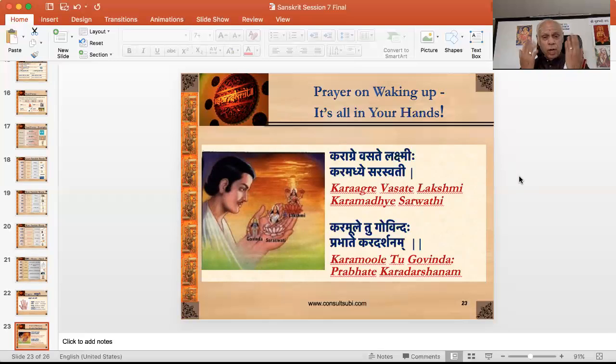Prabhate refers to the morning. In fact, in Pune, there is a newspaper called Prabhat. And there is a Prabhat road also. Prabhate, in the morning. Karadarshanam. Darshanam is seeing. Swami Darshanam, you say, right? So it's a very simple prayer, but then you have learned many words like Karam, Agre, Vasate, Madhye, Mule, Prabhate.